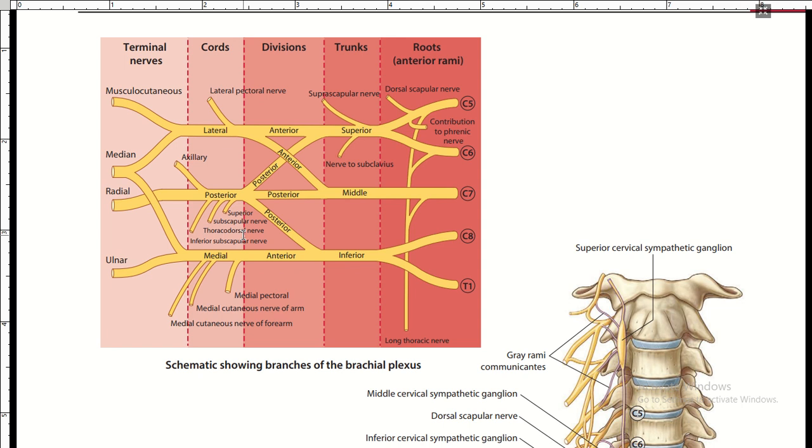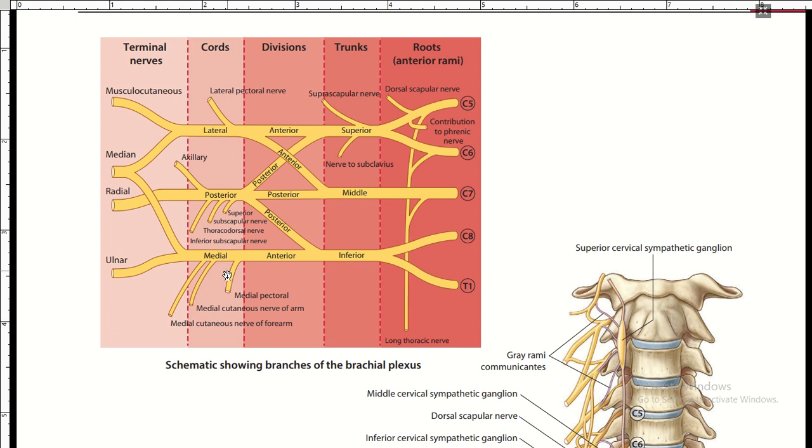And then we are left with the R and the A. So the R stands for the radial nerve, and the radial nerve is the largest terminal nerve of the brachial plexus, and it has all the roots C5 to T1. And you're also going to have the axillary nerve, so that will become your posterior cord.